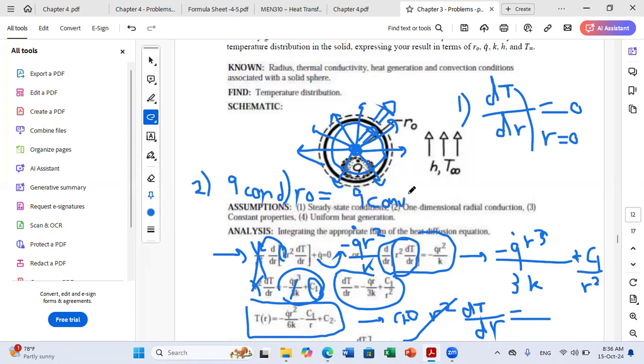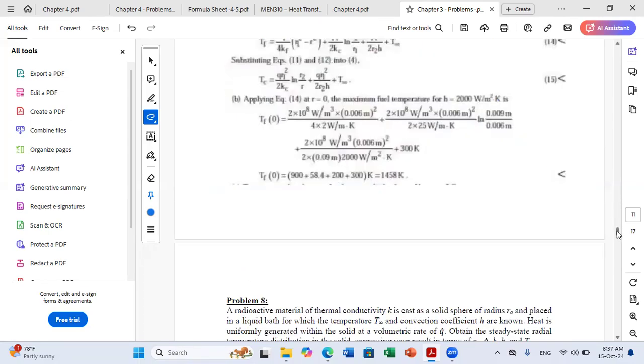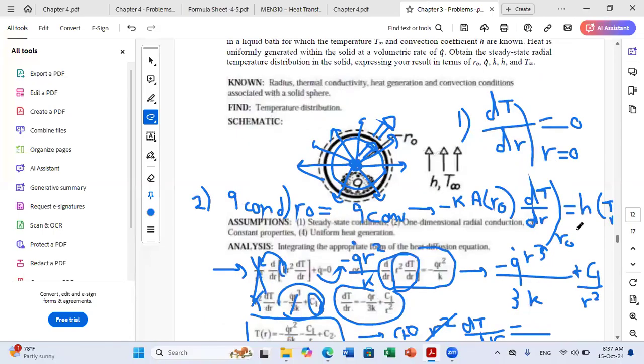And we know how we write the expression of Q conduction: it's minus K times the lateral area of the sphere at R0, which is 4 pi r square or pi d square, times dT by dr at R0, is equal to the convective coefficient H times T surface minus T infinity. So times T R0 minus T infinity.